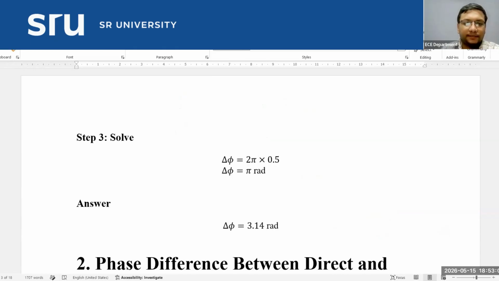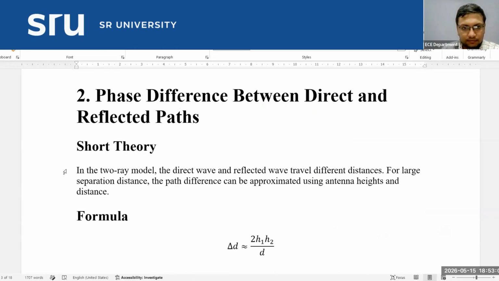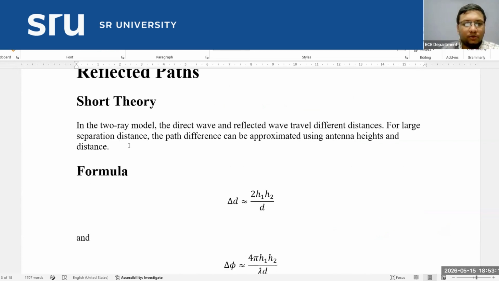Now, phase difference between direct and reflected paths. In the two-ray model, we have already seen that the direct wave and reflected wave travel different distances. For large separation distances, the path difference can be approximated using antenna heights and distance. Now, what is the formula?